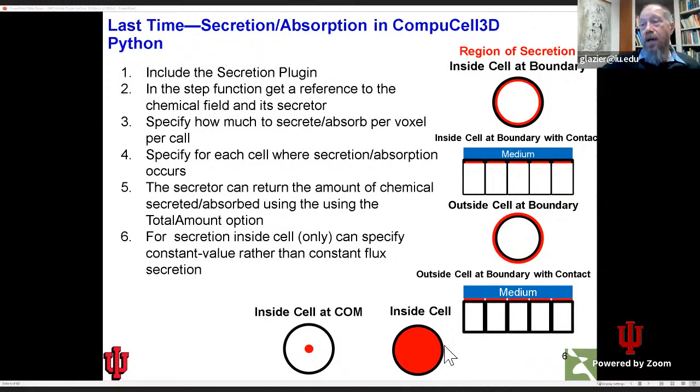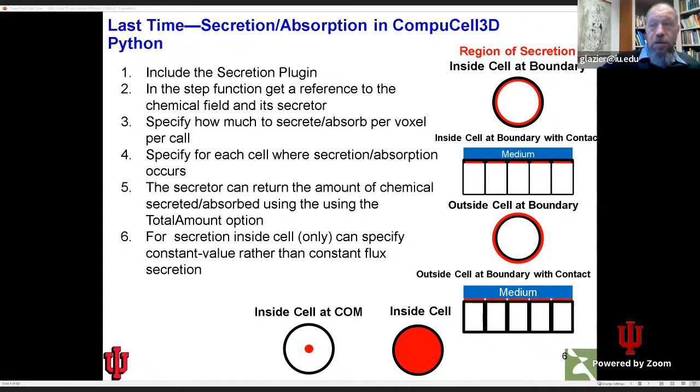Inside the cell and at the center of mass of the cell. If you think about it, it wouldn't really make sense to have constant value boundary conditions for the top couple of cases, because constant value boundary conditions more or less assume that the cell has a uniform concentration inside of it.